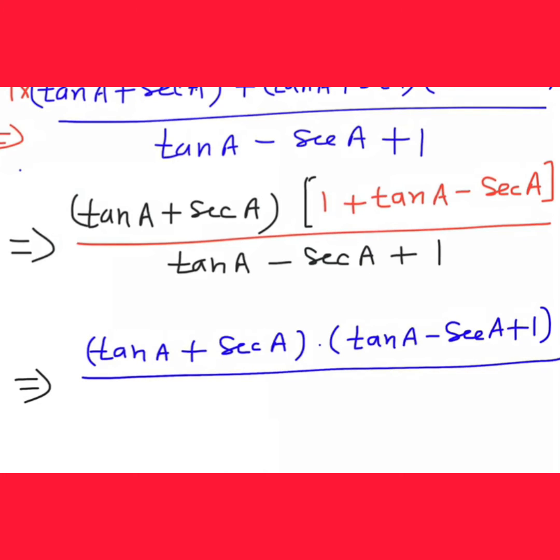Okay, and again we will write here tan A minus sec A. This is the denominator, you will write same to same.